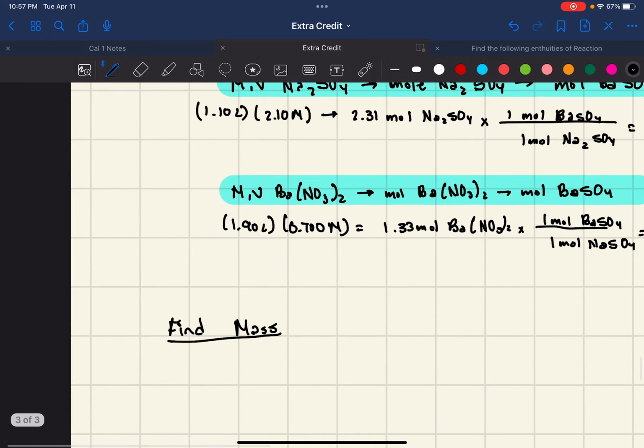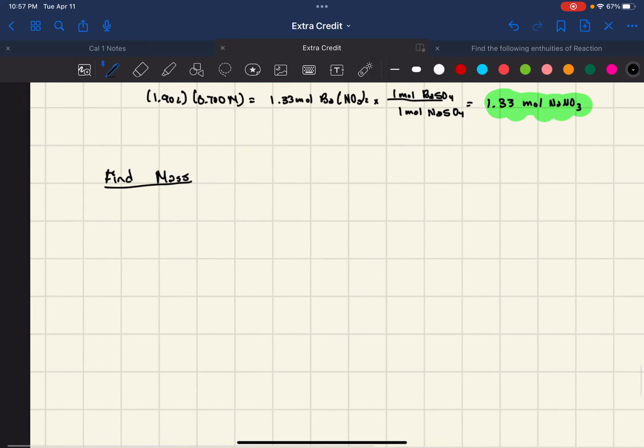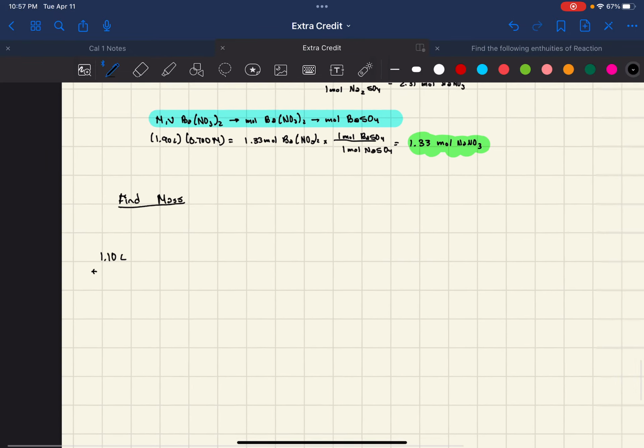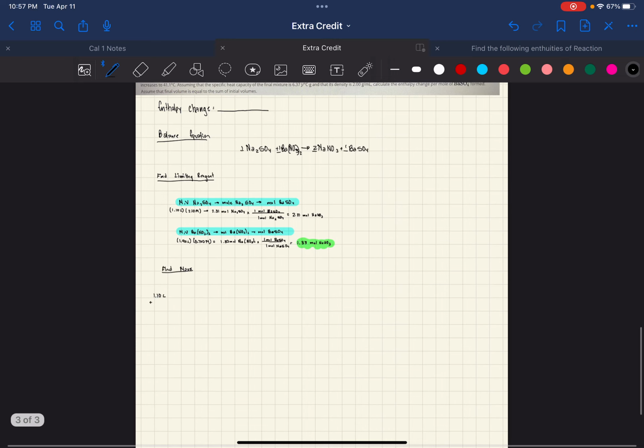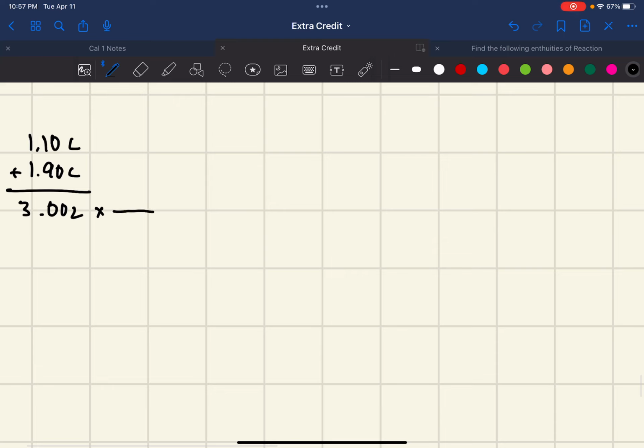So first, let's add the liters, which is 1.10 liters plus 1.9 liters, which gives us 3 liters. Now we have to convert this to milliliters, like I said before. So we multiply by 1,000, because 1 liter equals 1,000 milliliters, which gives 3,000 milliliters.